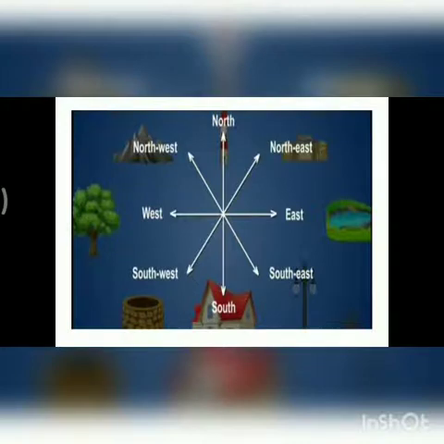So the subdirection of the street light will be southeast. Moving towards the fort, the two main directions are north and east, and the subdirection is northeast. Understood? Students, this is how, with the help of main directions, we are able to find out the subdirections.